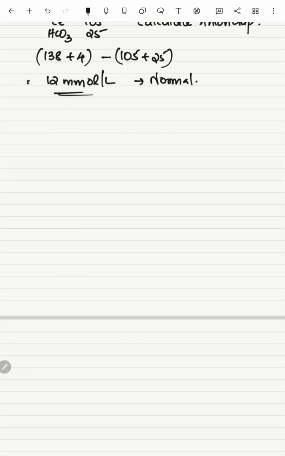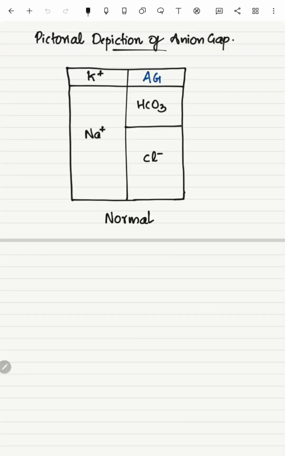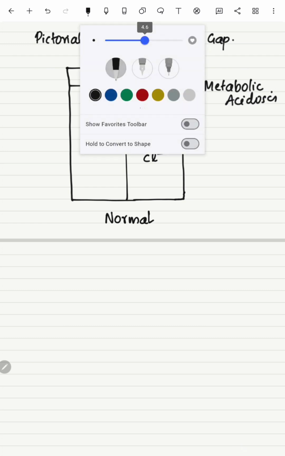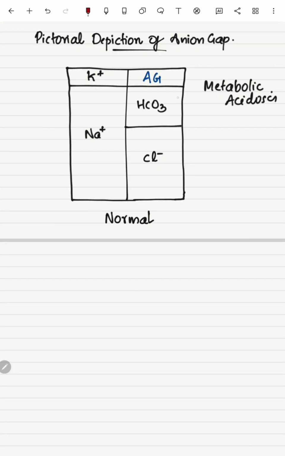Now we are moving on to the pictorial depiction of anion gap. So this is the normal case. We have normal K+, sodium, chloride, HCO3 and a normal anion gap. Now we are moving on to metabolic acidosis. In metabolic acidosis, HCO3 anions are decreased, right?